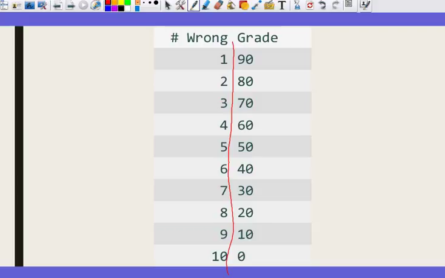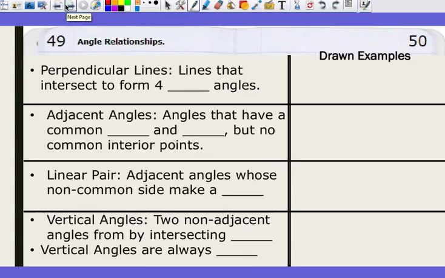Okay. In your ISNs on page 49, I'm going to give you guys 5 minutes to write this down. All right, perpendicular lines look like this. They have 4 what type of angles? They have 4 right angles. 1 right angle here, 1 right angle here, 1 right angle here, and 1 right angle here.